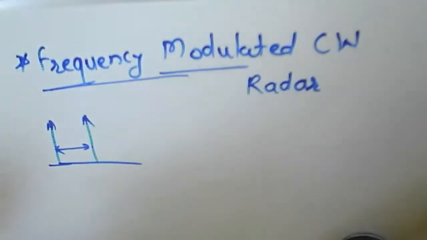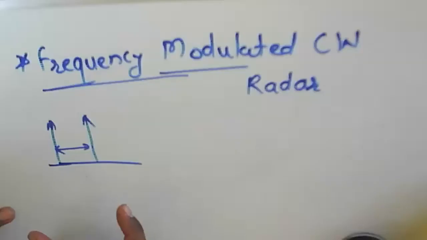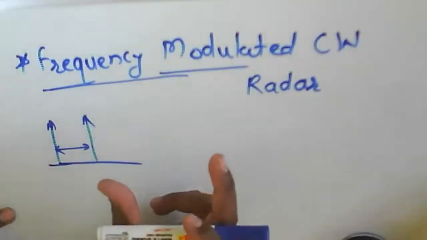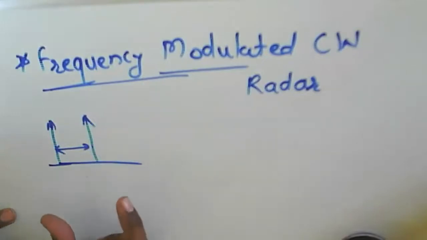At the receiver, we are supposed to receive the echo signal, and that echo signal is proportional to the carrier.